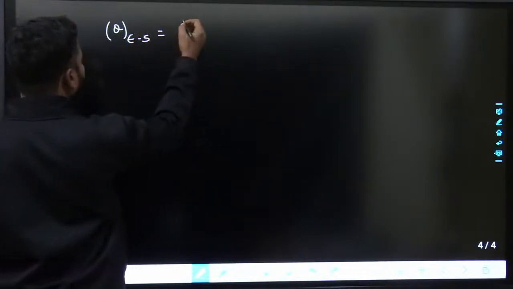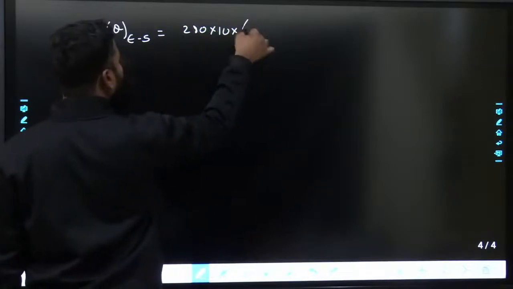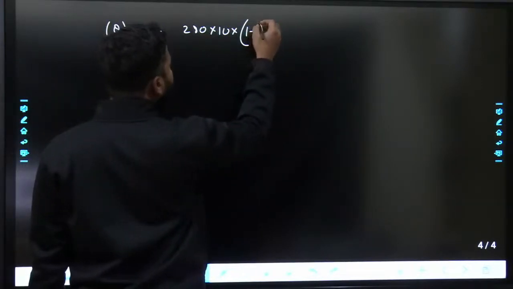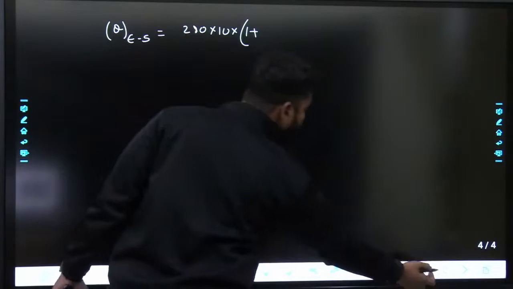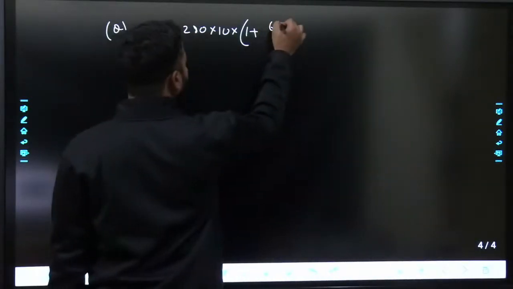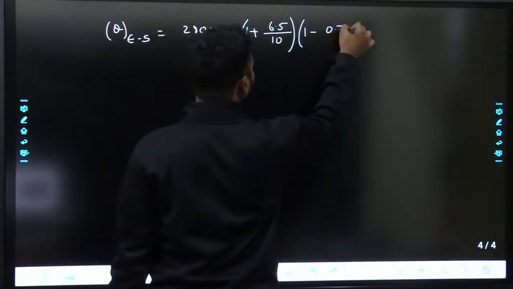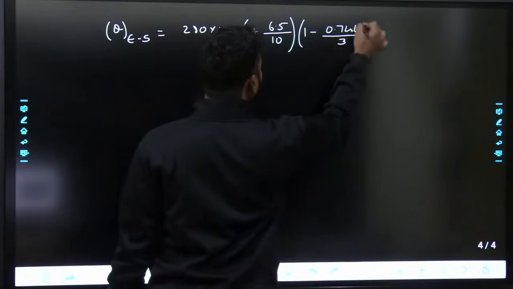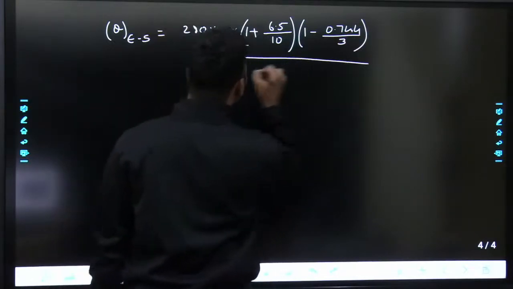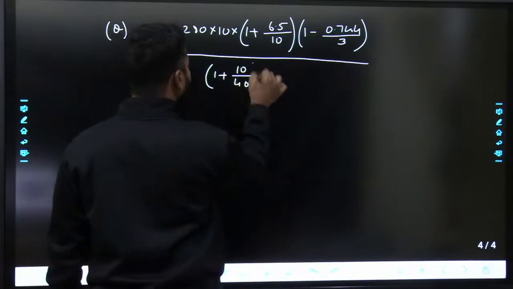So Q for the east south leg would equal 280 multiplied with 10 multiplied with 1 plus E by W. E is how much? 6.5. So 6.5 upon 10 multiplied with 1 minus 0.744 divided by 3, upon 1 plus W by L. W equals 10 upon L is 40.